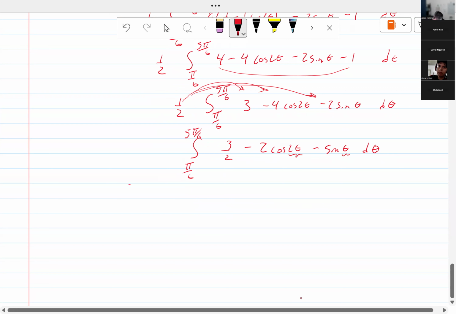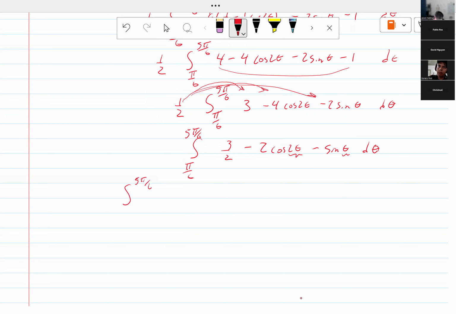So we're going to go the integral from pi over 6 to 5 pi over 6 of 3/2 d theta, minus 2 times the integral from pi over 6 to 5 pi over 6 of cosine 2 theta d theta, minus the integral from pi over 6 to 5 pi over 6 of sine theta d theta.